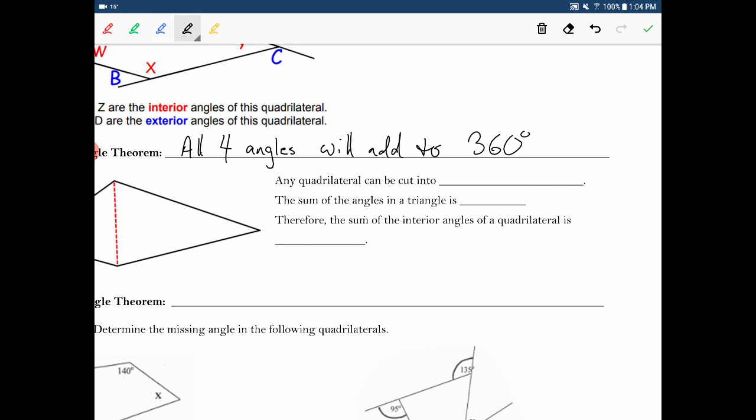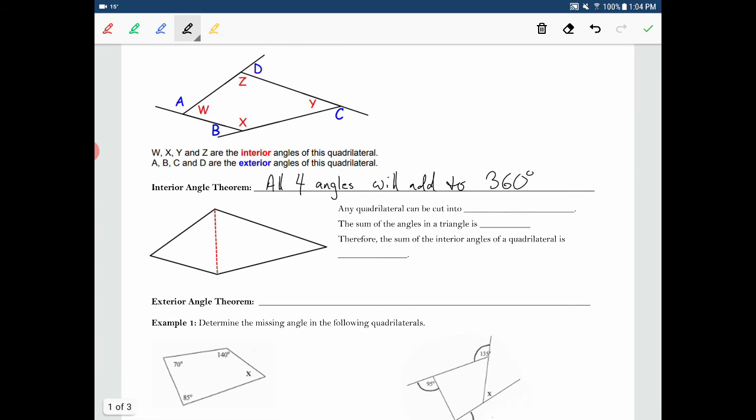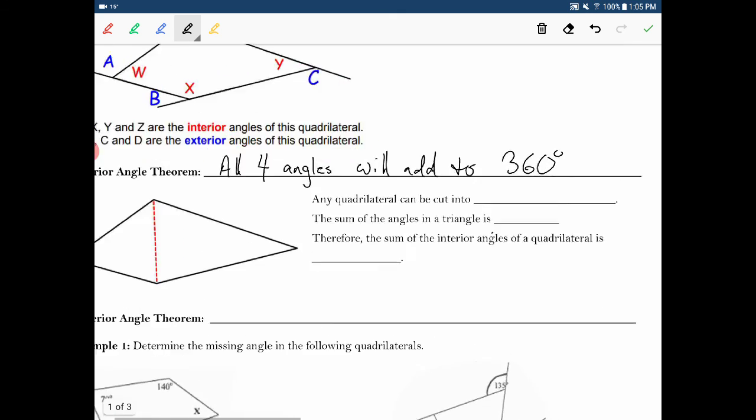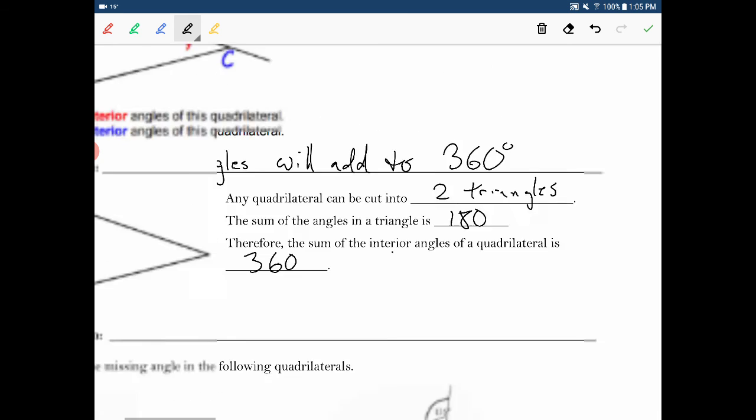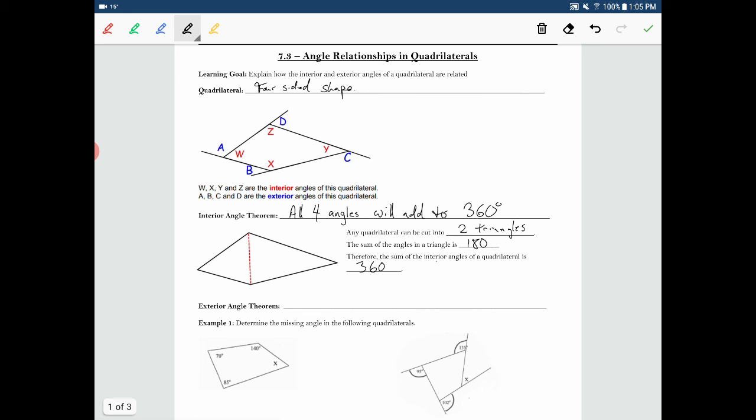How is that? Well, we can take any quadrilateral and cut it into two triangles, as you can see I've done here. We all know the sum of the angles in a triangle is 180, so a quadrilateral will add to 360, because 2 times 180 is 360.